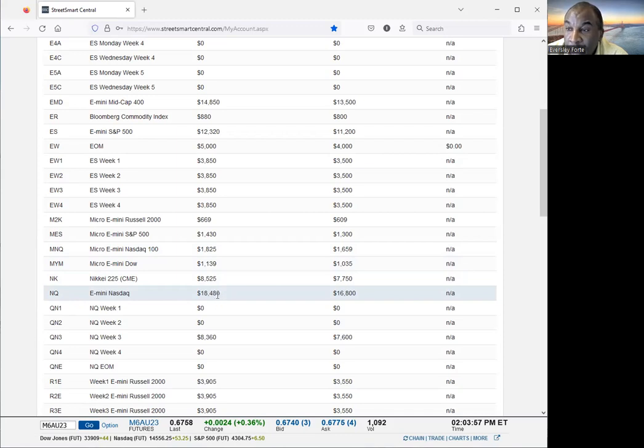That would be 100 times $20, or $2,000 if you took a loss on one contract. With the micro, it'd be $2 times 100, or a $200 loss. So here is where the micros give us a big advantage to be able to trade futures with smaller accounts and still have the full benefit of any trading strategy, but with a much smaller account.